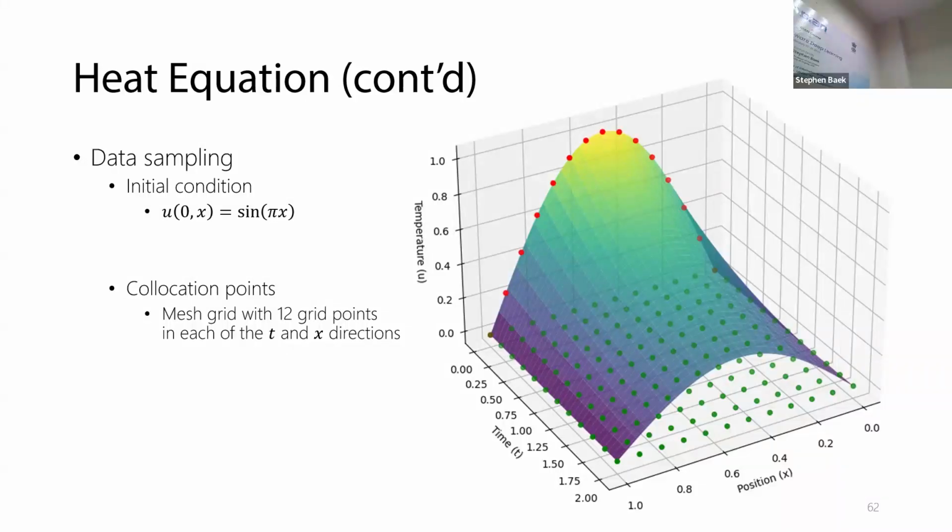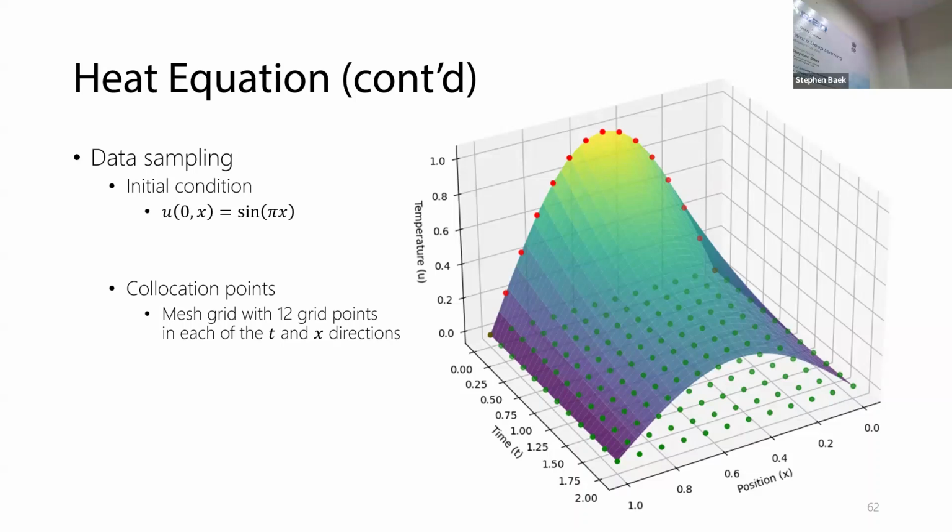So the red dots over here is the data loss. And then we're going to assume that we do not have any other ground truth data loss to solve this heat equation. So we're using a neural network as kind of a numerical solver for this differential equation. We just start from the initial condition and that's it.